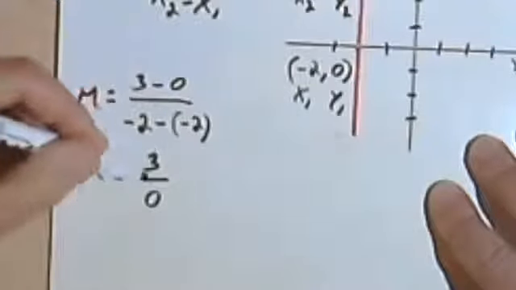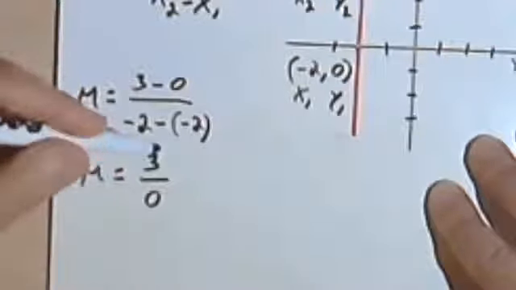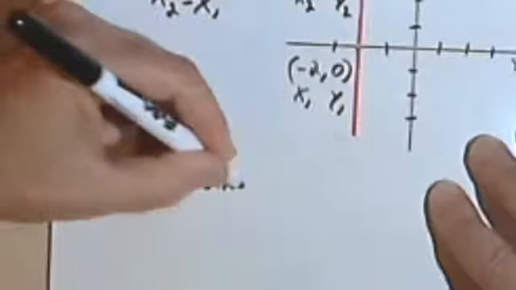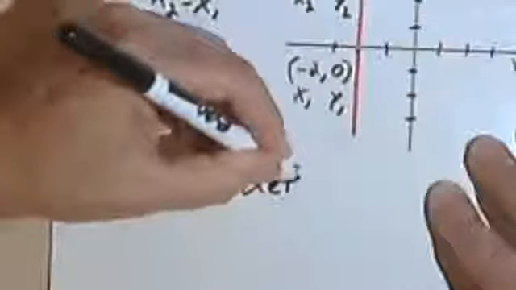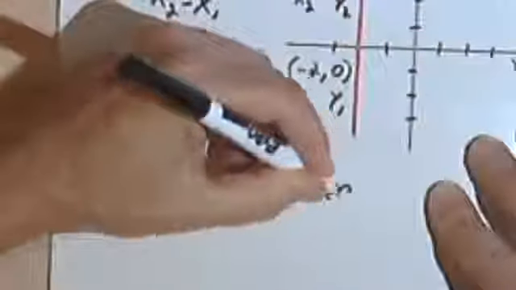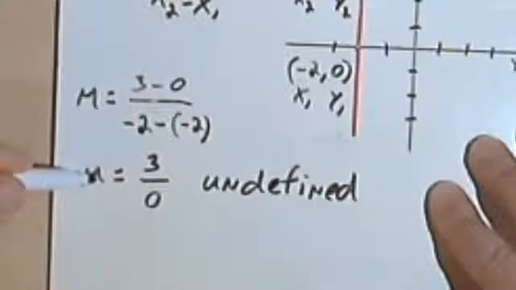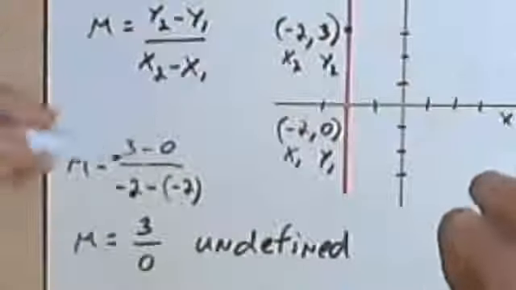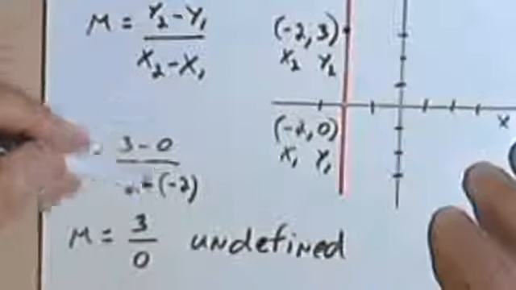But you remember I can't divide by 0. Any fraction with 0 in the denominator is undefined. So that means my slope for a vertical line is going to be undefined. There's no definition for it. And we can think of this in terms of an equation if we want to.